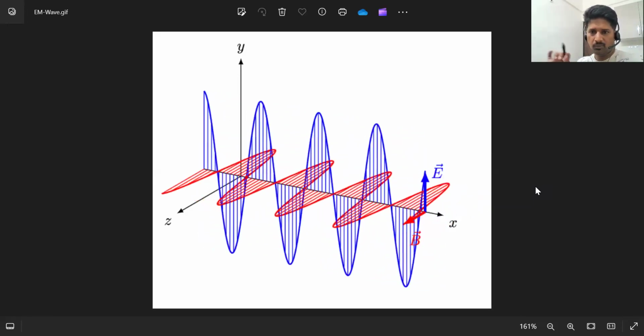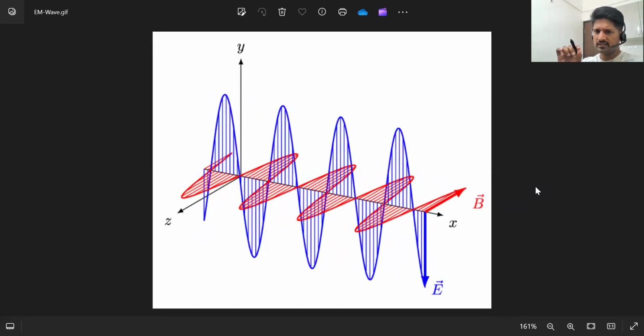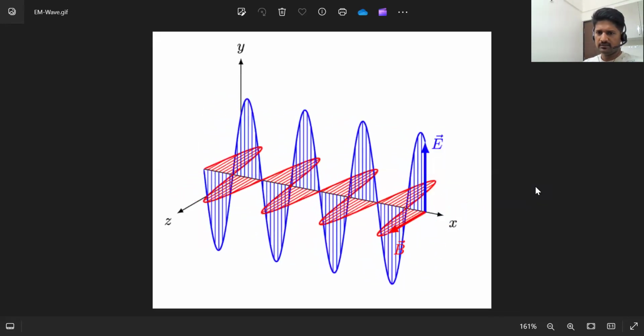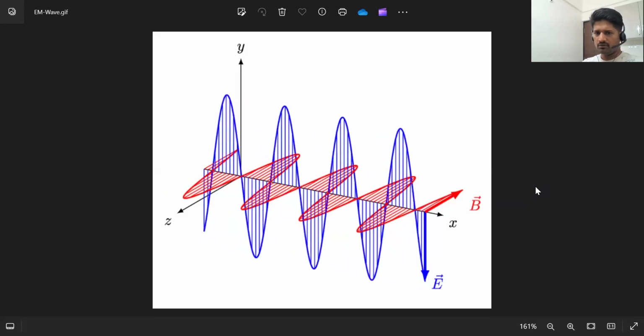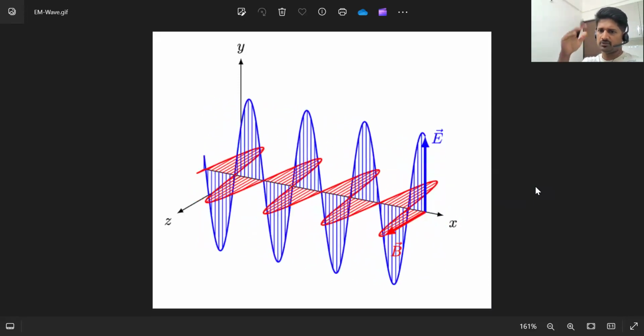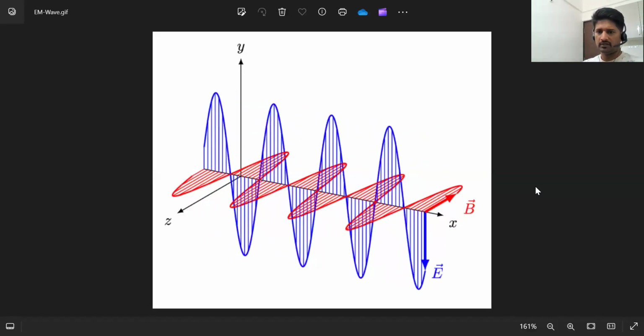And look at the last point, towards the end of that x-axis. At that point, they have shown arrows which are continuously changing in length. So you observe the blue arrow. The blue arrow is going up, coming down to the mean position, going down, coming back to the mean position, and so on. Basically, that is what is happening with the electric field at that point.